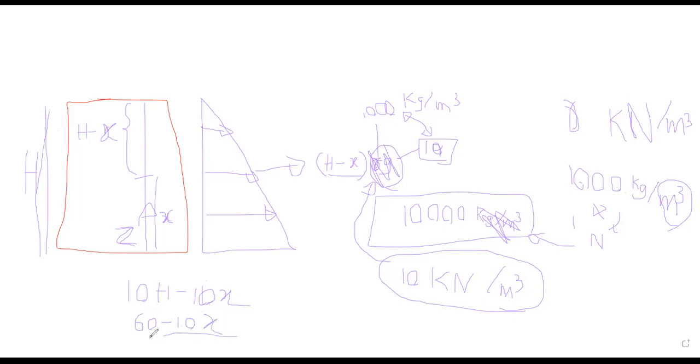This is the load we need to define, to mathematically idealize the water pressure. The pressure is 0 at the top and at the bottom it is maximum, 60, right? So we have to define it: 60 minus 10x.